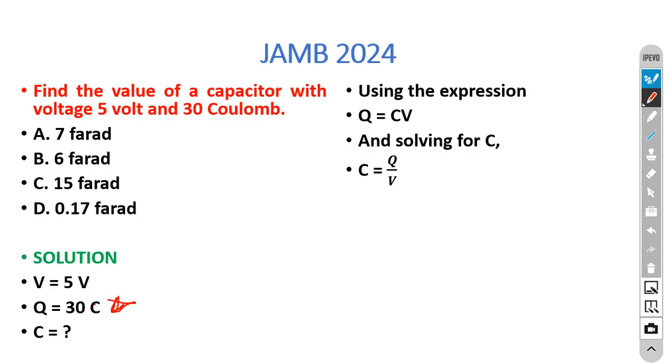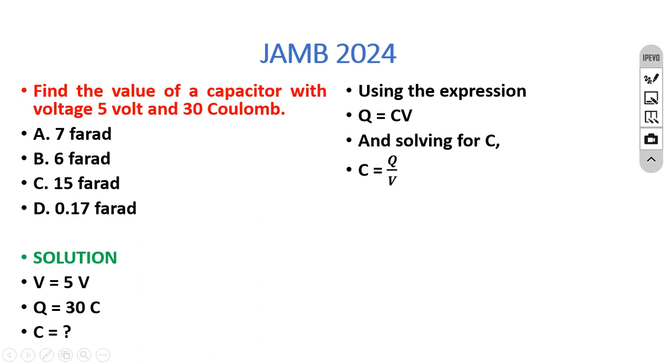Where we have V, we are going to substitute the value 5, because 5 represents the potential difference V. So our next step would be 30 divided by 5.